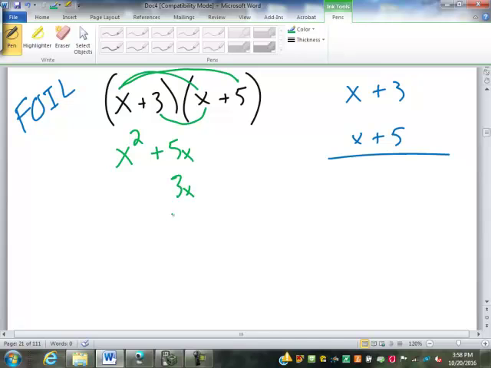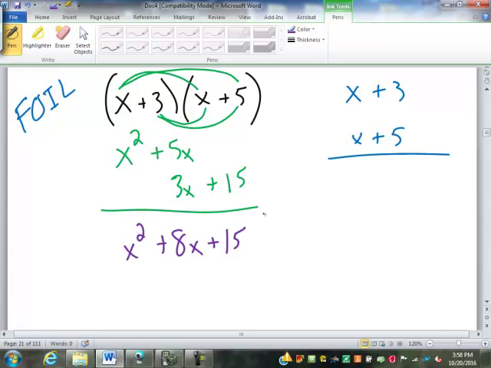I always put that under the other x. And then L stands for last. 3 times 5 makes 15. Then I combine what I can combine here. Nothing combines with the 15. 5x and 3x make 8x, so positive 8x, and x squared.